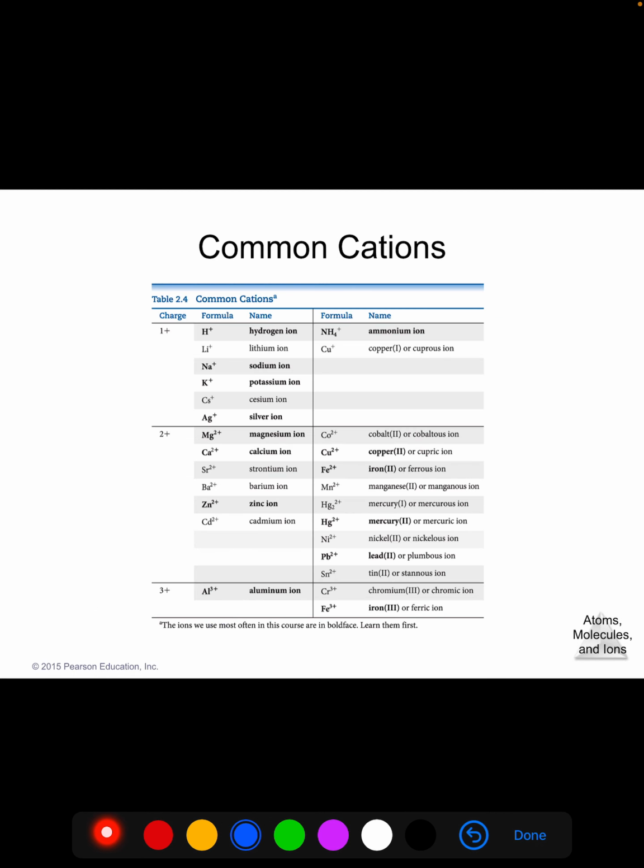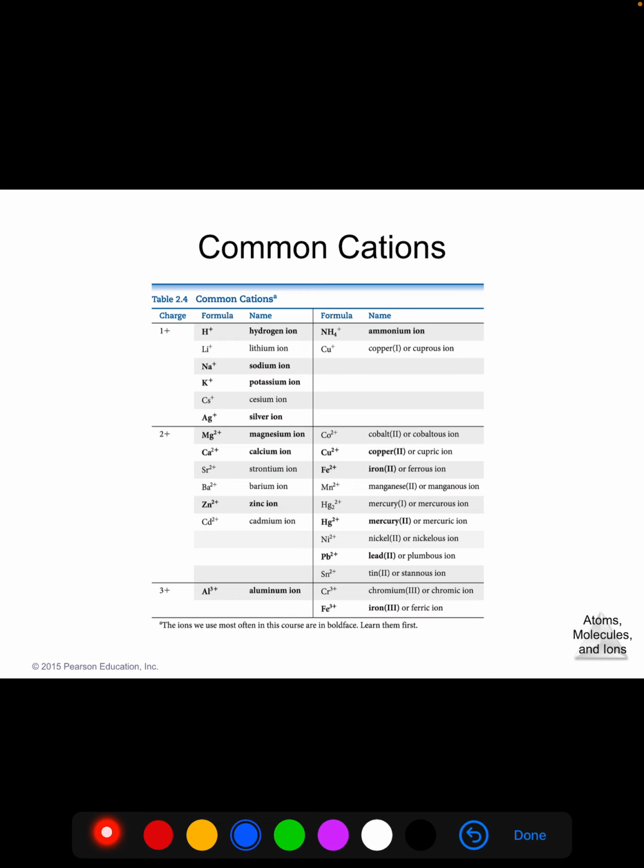And we call them the ion. There's another name for the hydrogen ion called the proton, hydrogen ion or hydrogen cation, lithium ion, sodium, potassium, cesium, silver, +2 ions, zinc, cadmium, copper.